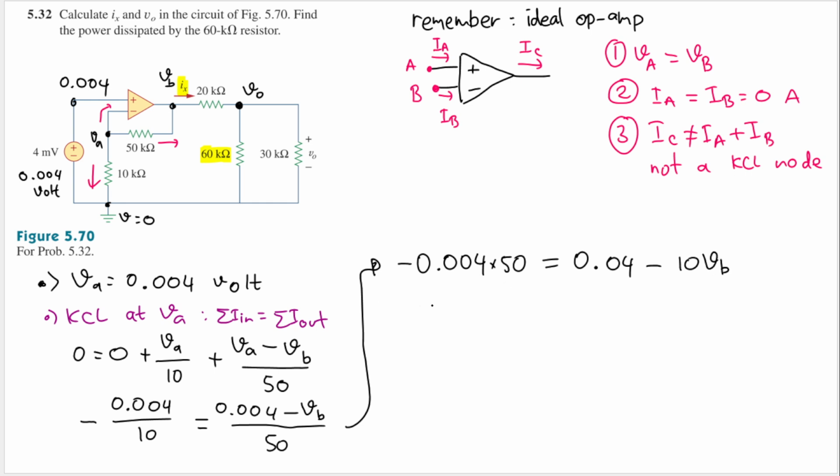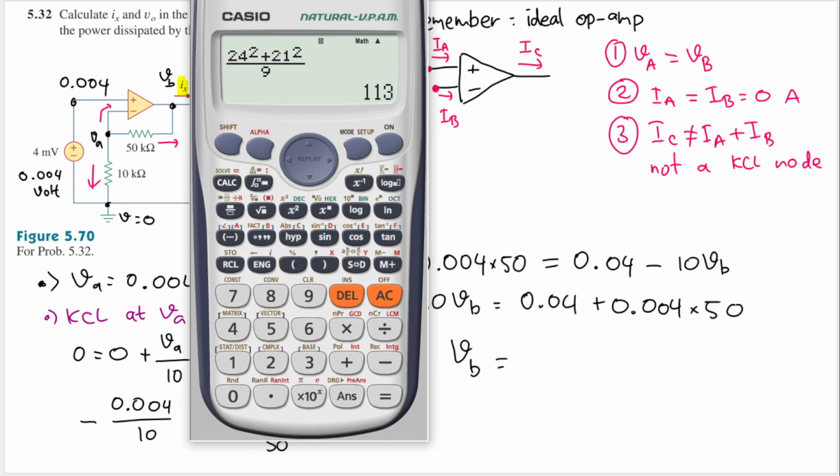That means that 10 VB is equal to 0.04 plus 0.004 multiplied by 50. And from here we can solve for VB, right? Let's do exactly that.